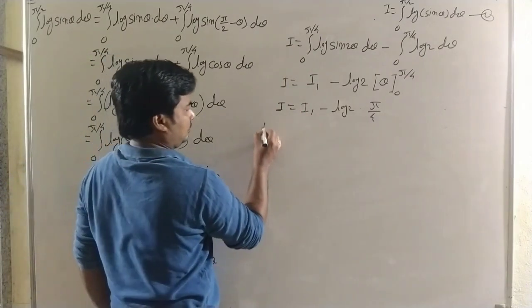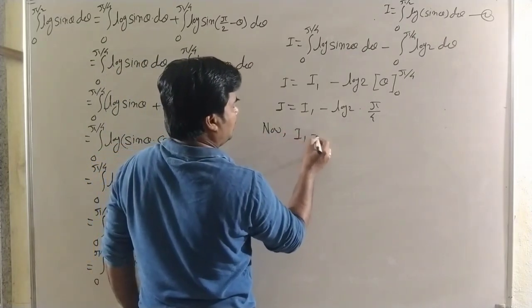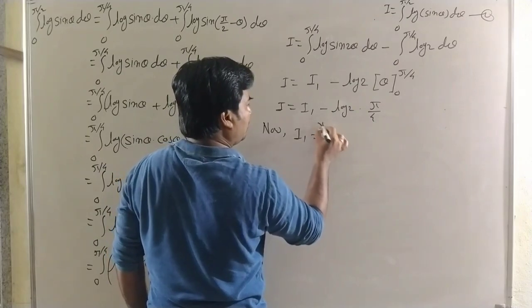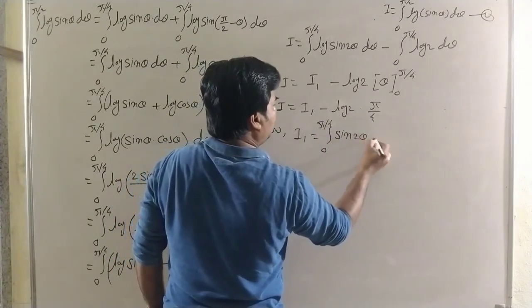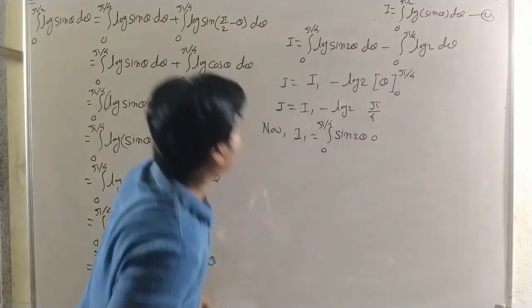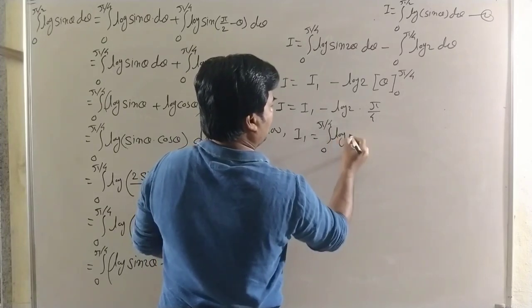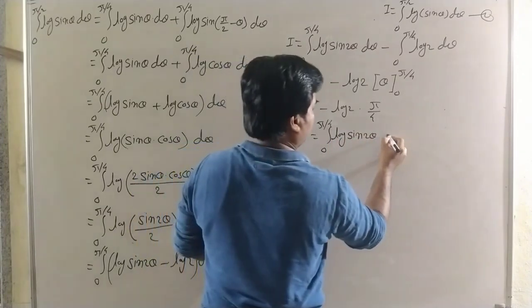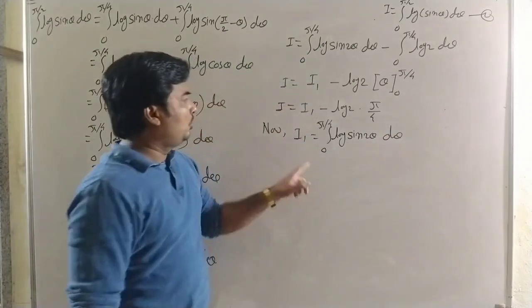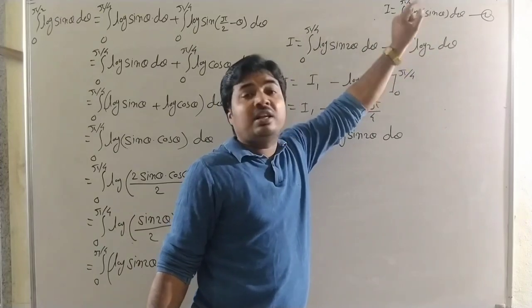Now I1 is equal to integral 0 to pi by 4 log of sine 2 theta d theta. And now we know in equation 1, that is log of sine theta d theta.